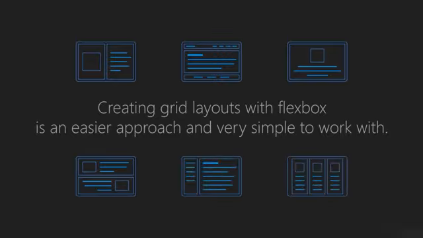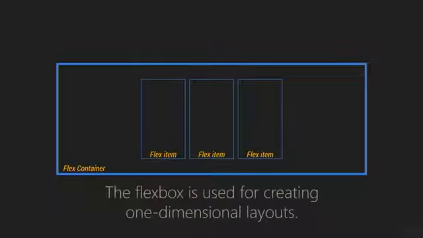Now, before we move on to the properties used with Flexbox, it's essential to understand the terminology of Flexbox first. Observe this diagram. There is a Flex container which contains 3 Flex items. The Flexbox is used for creating one-dimensional layouts.